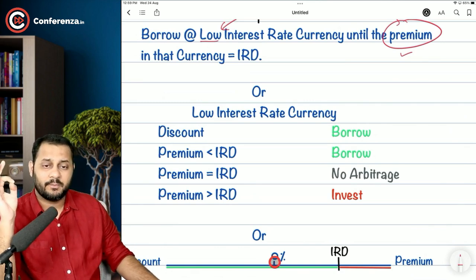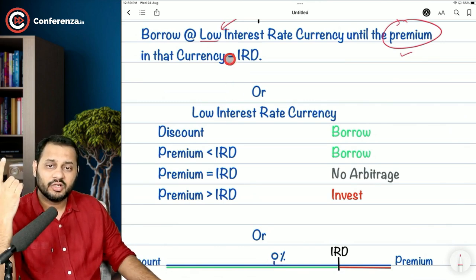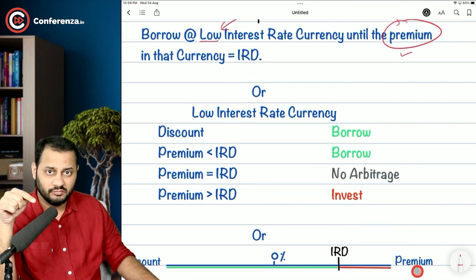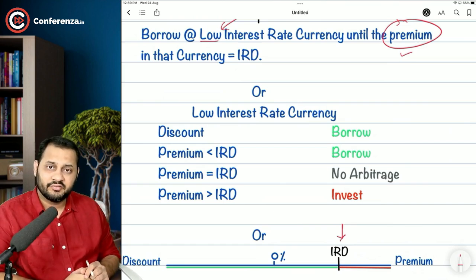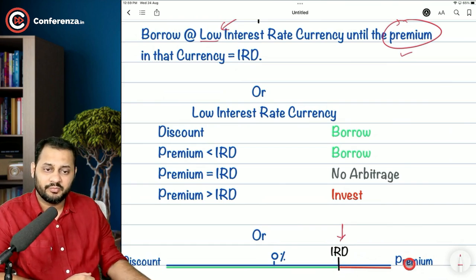So understand, the very first thing is, when you talk about a low interest rate currency, it should be at a premium. So we will keep a point here. This is the point of equilibrium, where the interest rate differential should be equal to the forward premium.